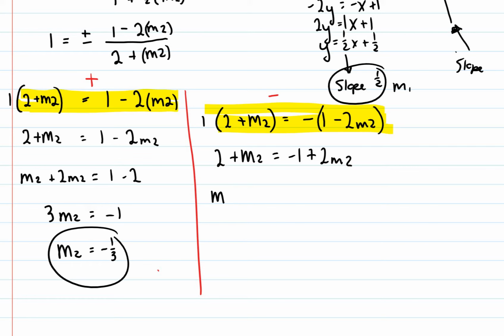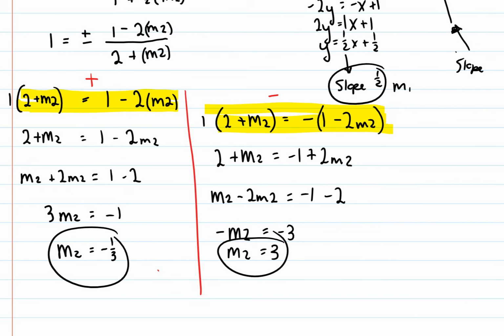So we have m2 over here minus 2m2 when I bring it across, equals minus 1 minus 2 when I bring the numbers across. I'm left with minus m2 equals minus 3. So m2 equals 3. I have two answers.